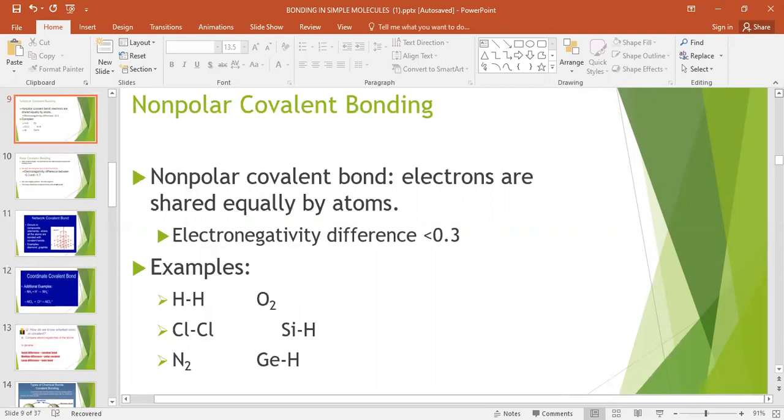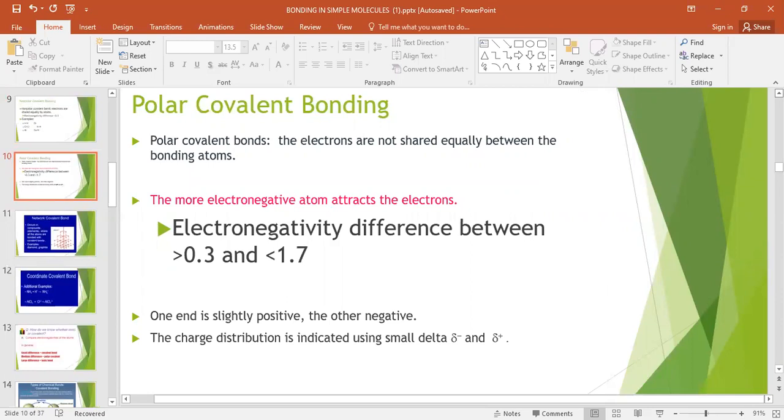Now come to the second one, please. In a polar compound, the more electronegative atom attracts the electron. How do they form the covalent bond? When the electronegativity difference is more than 0.3 and less than 1.7, which type of bonding? Polar, yes sir.